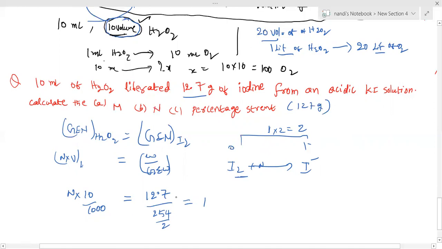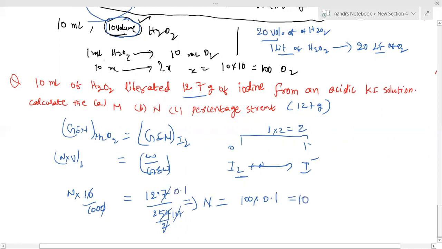Please calculate it. Normality equals, finally, this will be cancelled, then 2 times 127, then 0.1 into 100, nothing but 100 into 0.1, because this is 127, this is directly 0.1, so I will get 10.